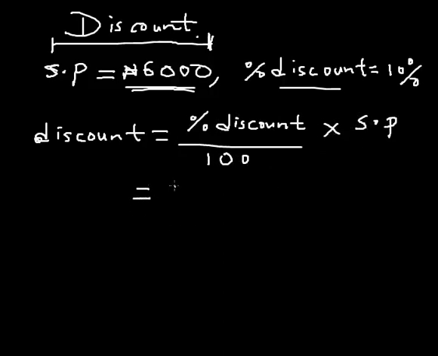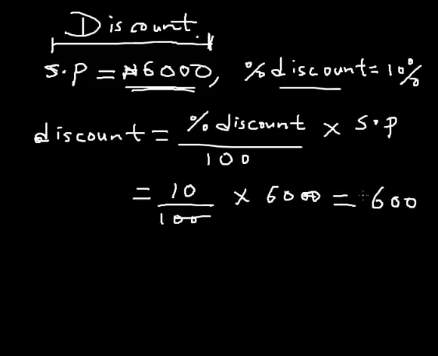So the percentage discount is 10 all over 100, then times 6,000. If we do this, we're going to have 600. 600 is 10% of 6,000. And that's our discount.